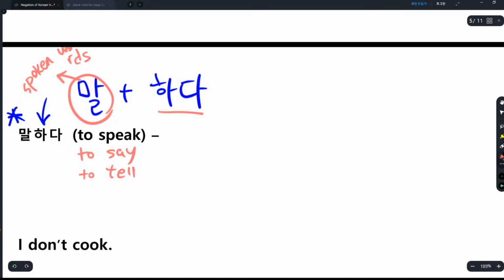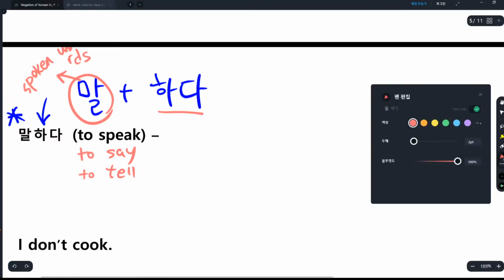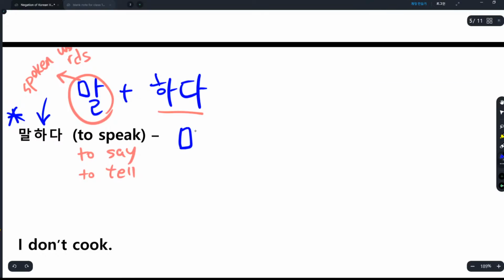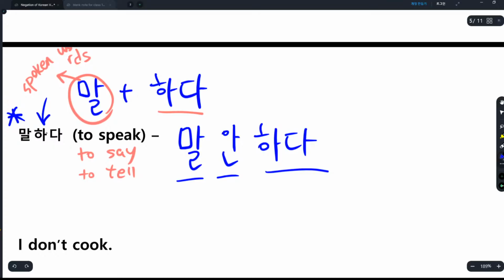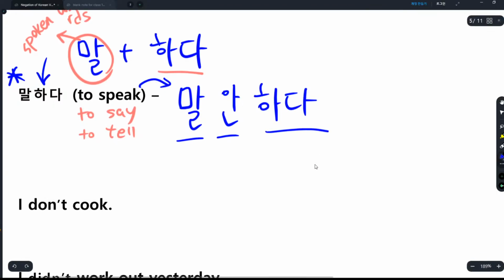And since it's a combination of noun plus 하다, it also follows that rule that we just learned, separating noun and 하다, and then negate it like this, 말 안 하다. So 말 안 하다 would be the correct way to negate it, but 말하다 is one of the very few noun plus 하다 combination words that can also work like this: 안 말하다.